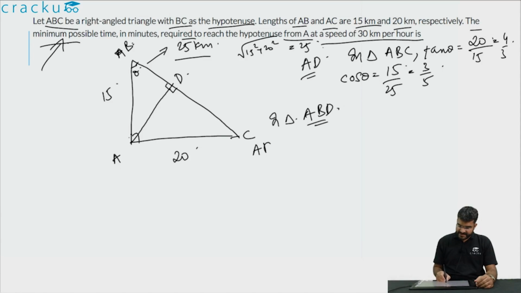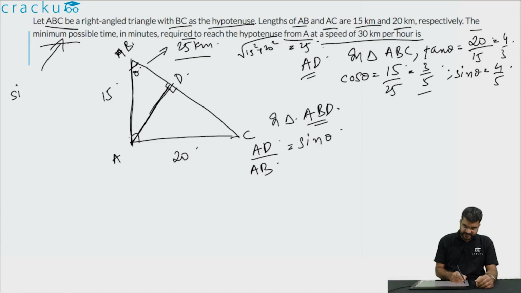So AD over here by AB is equal to sin theta, because in this case AD is the opposite side of angle theta. Using cos theta as 3 by 5, we can calculate that sin theta will equal 4 by 5, because we know that sin square theta plus cos square theta is equal to 1.